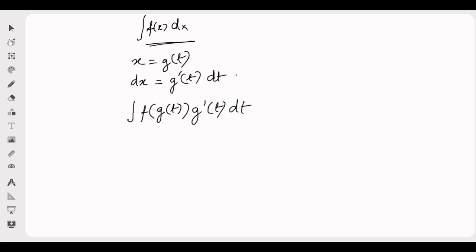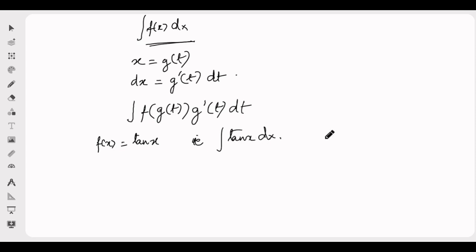Like, suppose the function we are given is f(x) equal to tan x. We want to find the integral of this function, that is, integral of tan x dx. We don't directly know the function whose derivative is tan x.